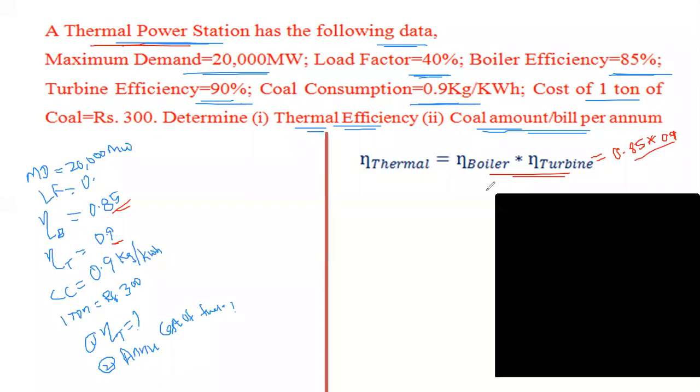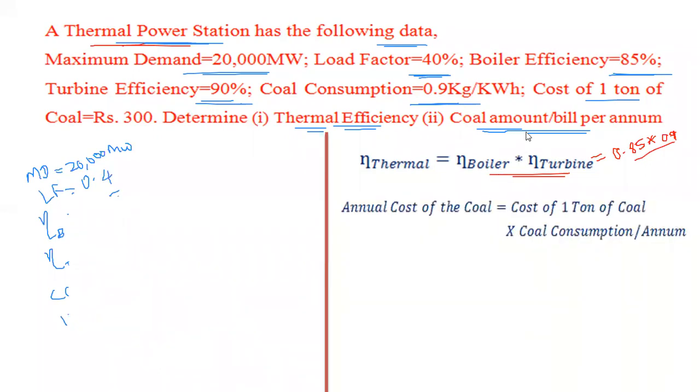Next, we want to find out the coal amount or coal bill per annum, that is the annual cost of the fuel. Here in the thermal power plant, the fuel we are using is coal, so how much is the annual cost of the coal? The formula is the cost of 1 ton of coal into coal consumption per annum.